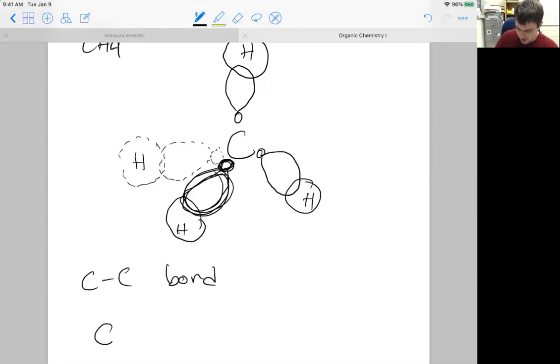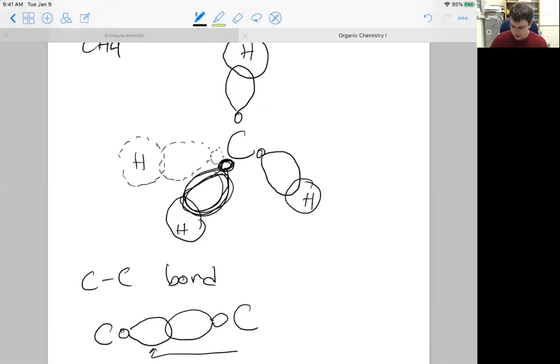If we have a C atom with one of its 4 hybrid orbitals, and we bring it close to another C atom, we're going to let the 2 big lobes overlap and the 2 little lobes stick out near the carbon atoms.